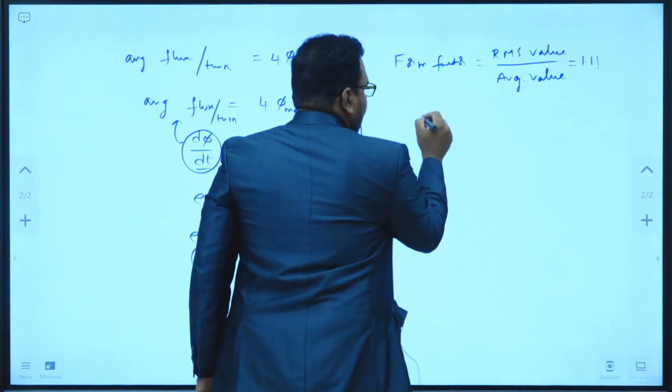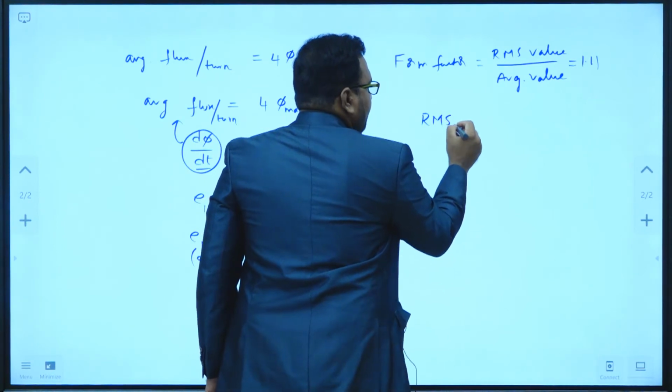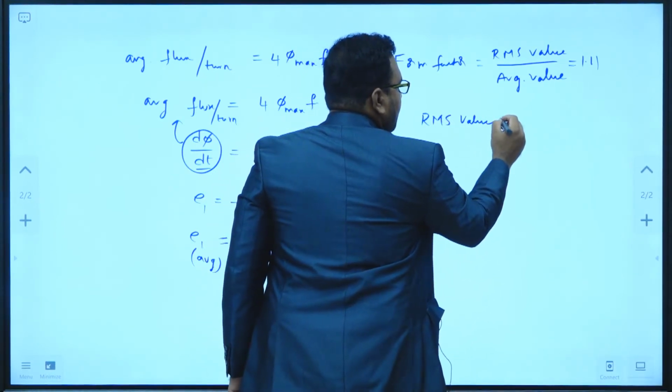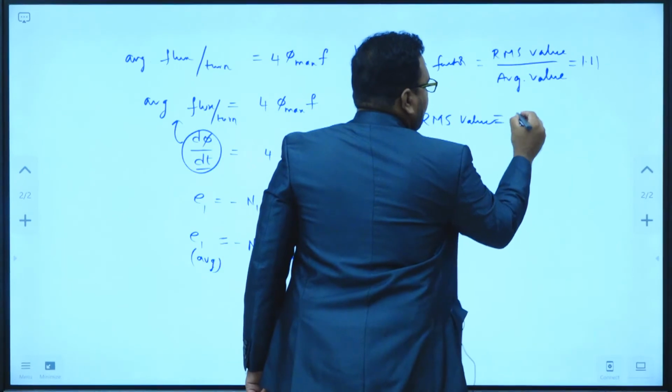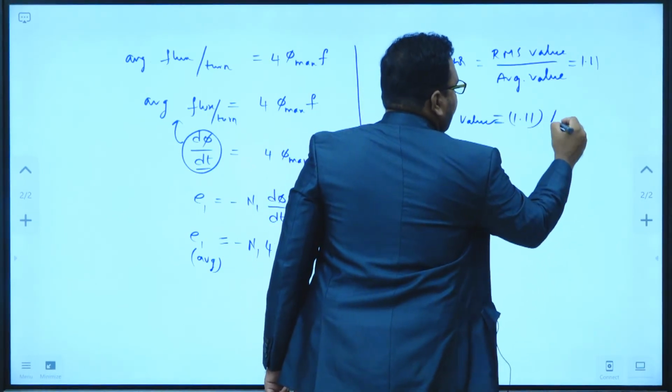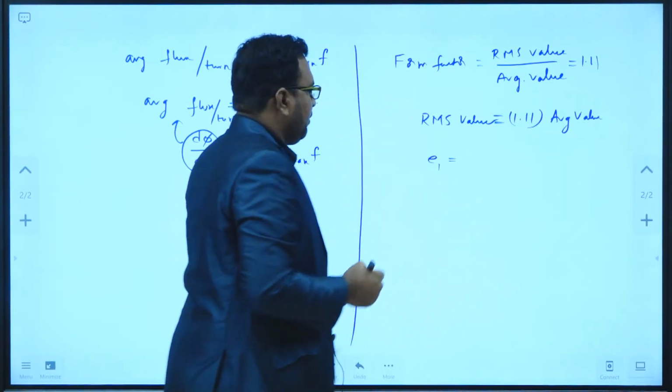From this expression, we can calculate the RMS value of the induced voltage as 1.11 into the average value. I am going to represent the RMS value as E1 itself.